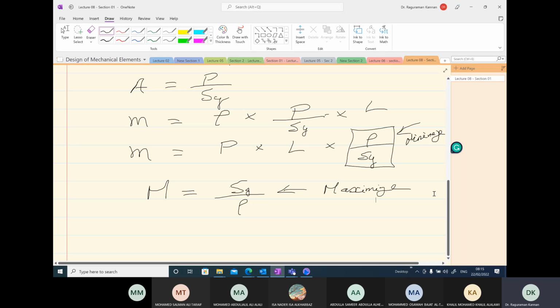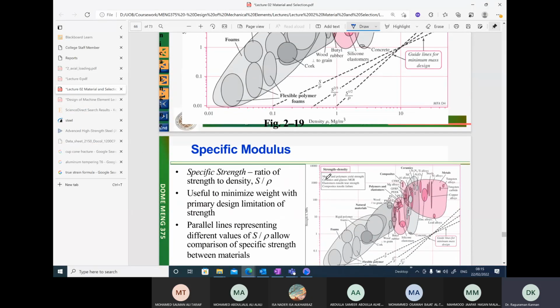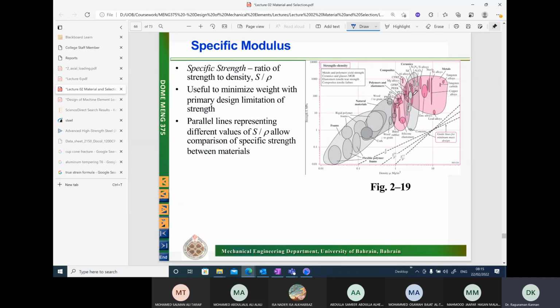So what is the chart we should use for this particular material index? It's very clear: yield strength versus density. If you look at one of these charts, yield strength versus density, we plot S on the y-axis and rho on the x-axis, and S over rho is the guideline we should select.